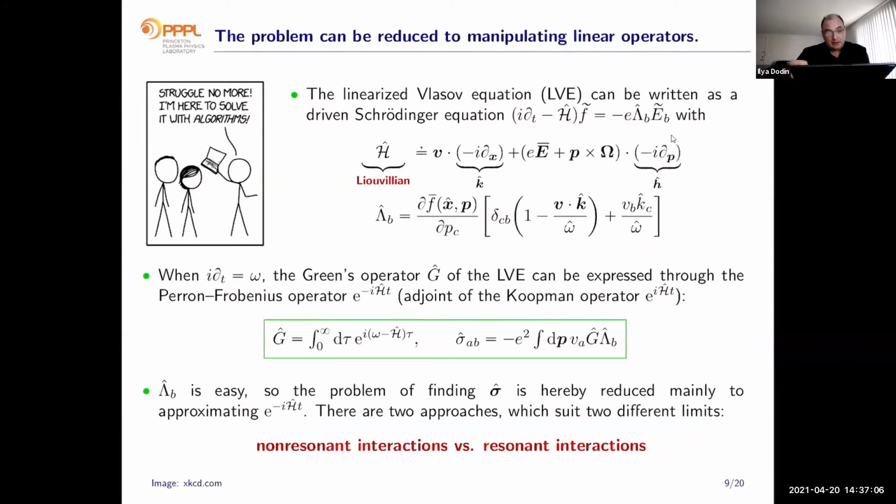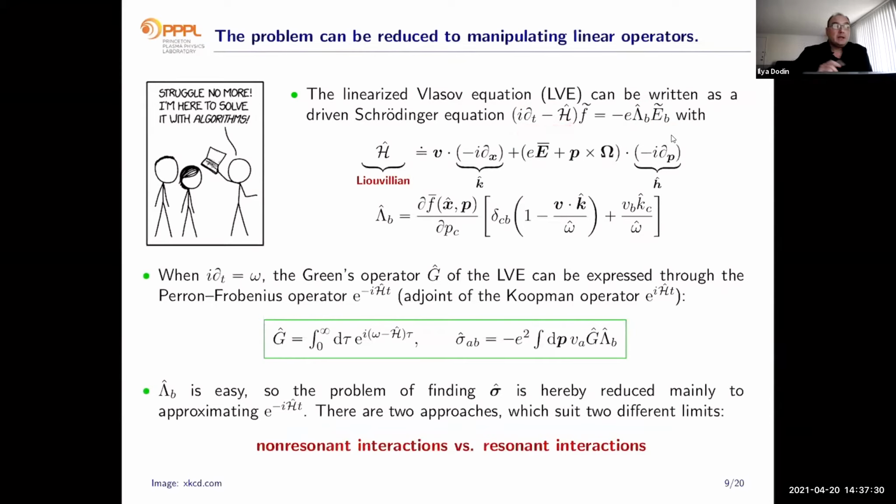And the Hamiltonian that enters here is the Liouvillean. It is given by this formula, and lambda looks cumbersome, but it's really not a big deal. It's just a bunch of derivatives. So I'm not worried about this. I'm worried about this. And really, what we need to do is we need to invert this operator.